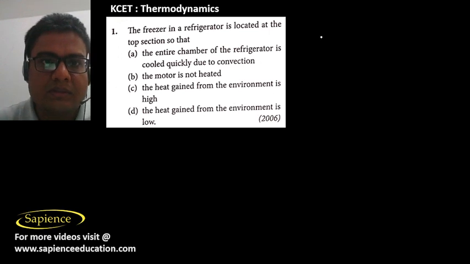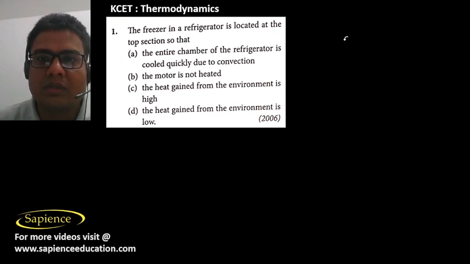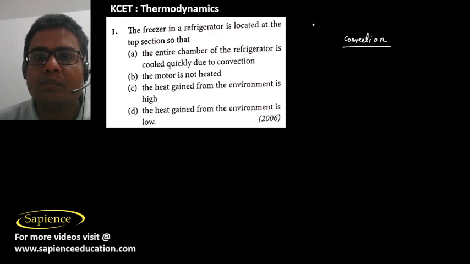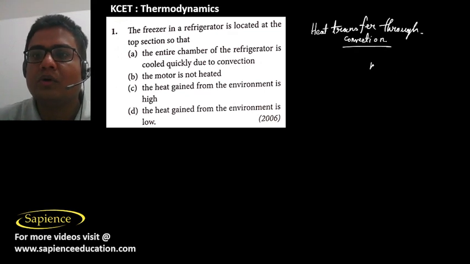So it is told that the freezer in a refrigerator is located at the top section so that the entire chamber of the refrigerator is cooled quickly due to convection. According to the rule of convection, in the process of heat transfer through convection, the hot air is rarer.